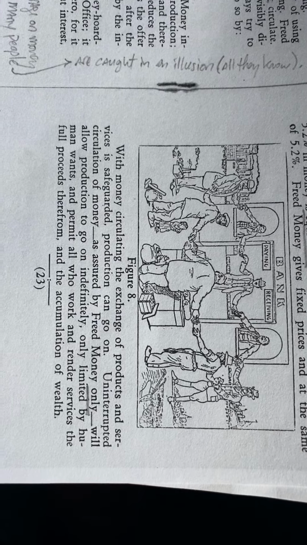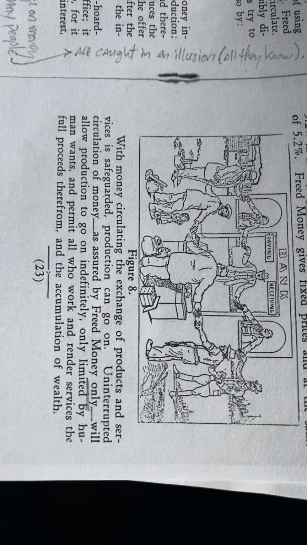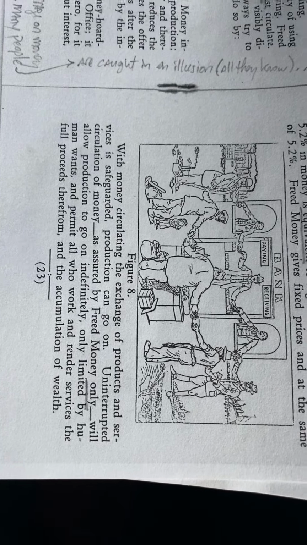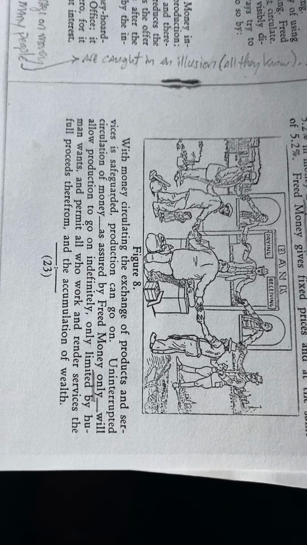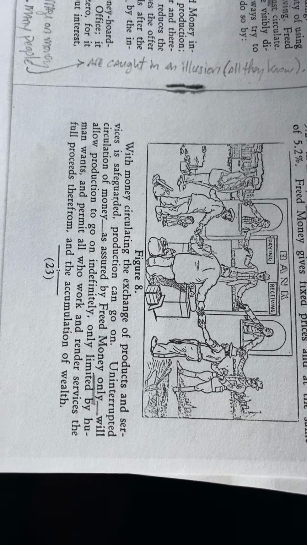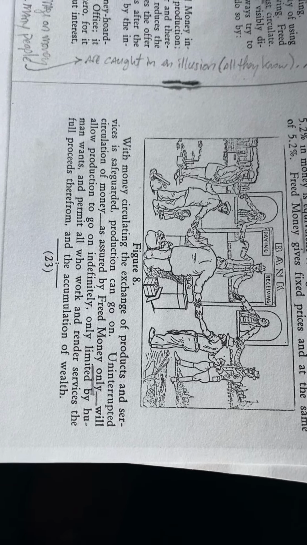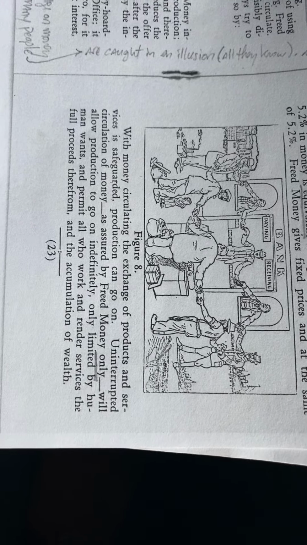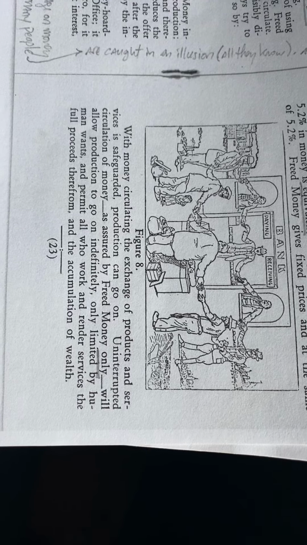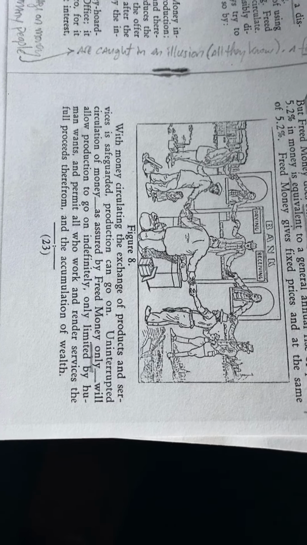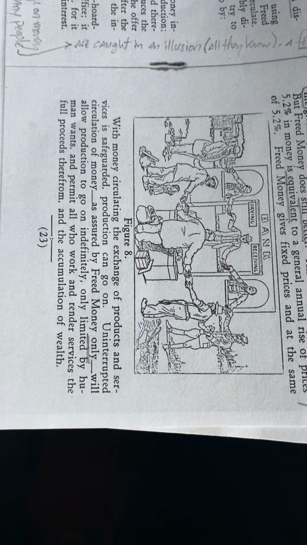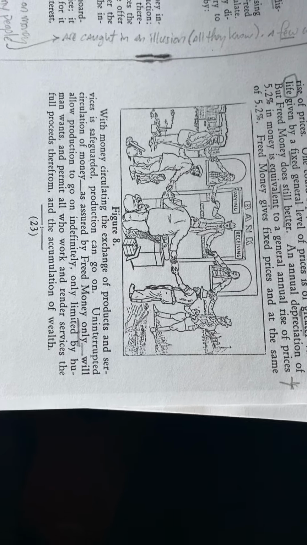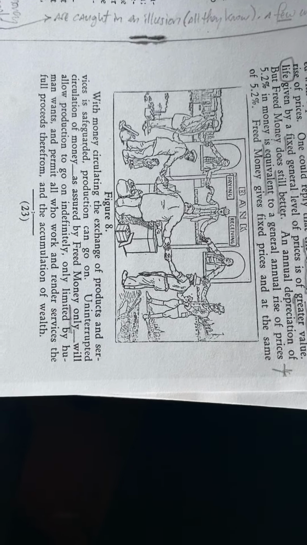Uninterrupted circulation of money, as assured by freed money only, will allow production to go on indefinitely, only limited by human wants, and permit all who work and render services the full proceeds therefrom, and the accumulation of wealth.